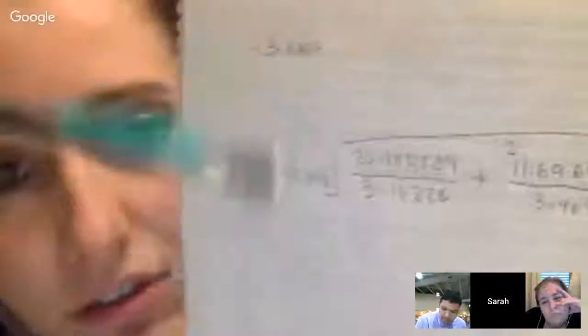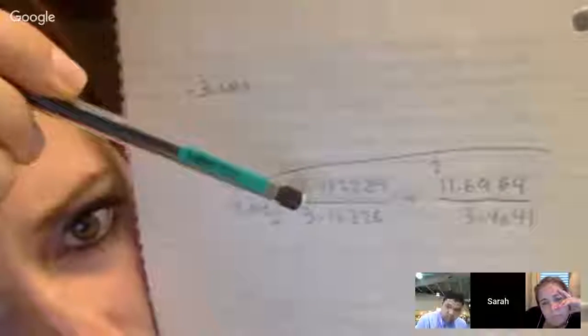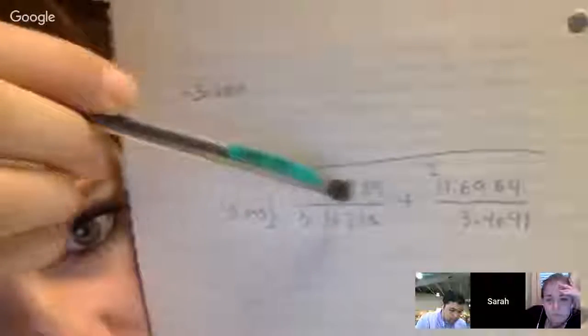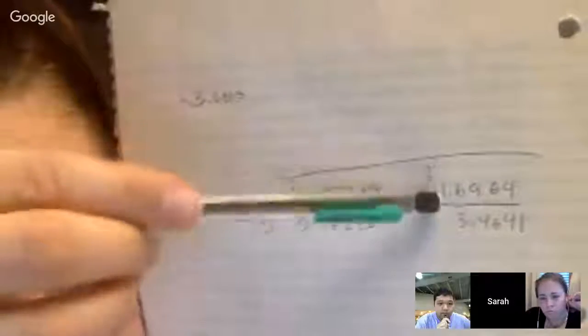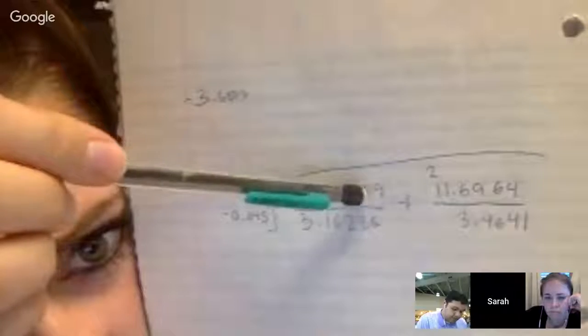So now should I just focus on adding these together? Do the division first, and then add them together, and then take the square root of everything. Divide these, get the answer.